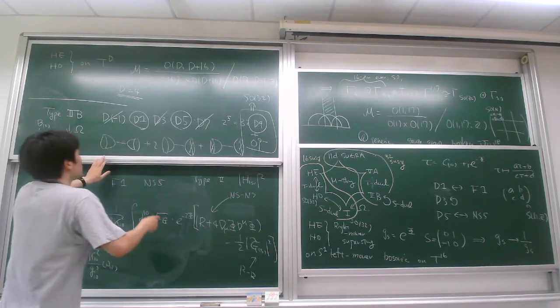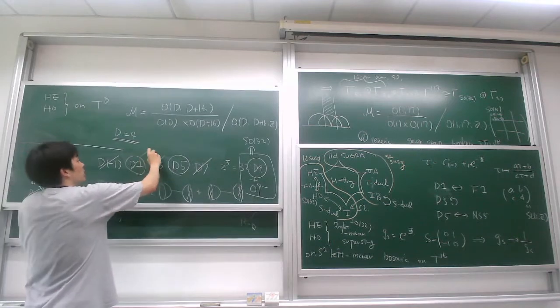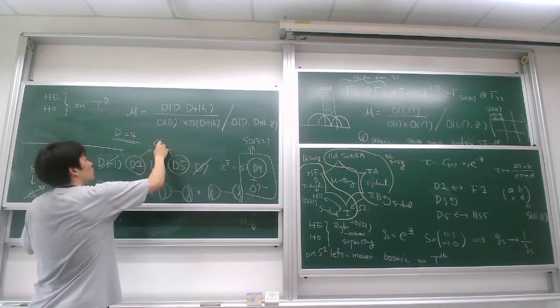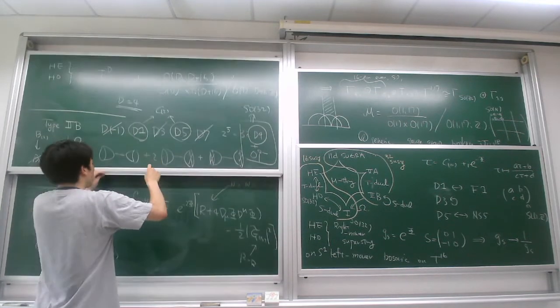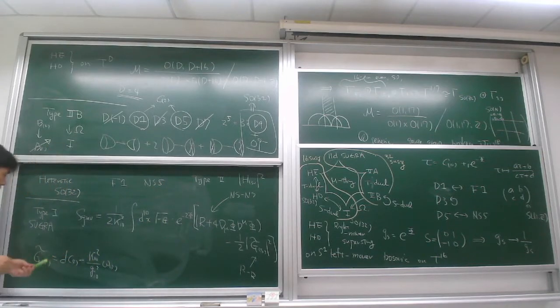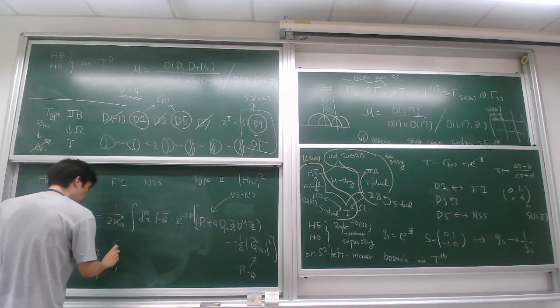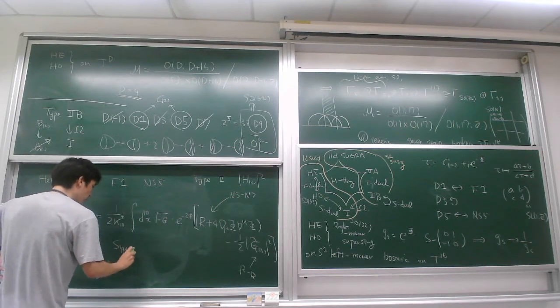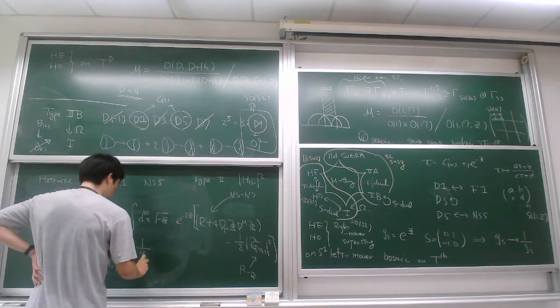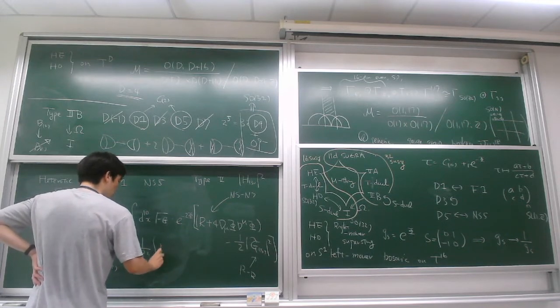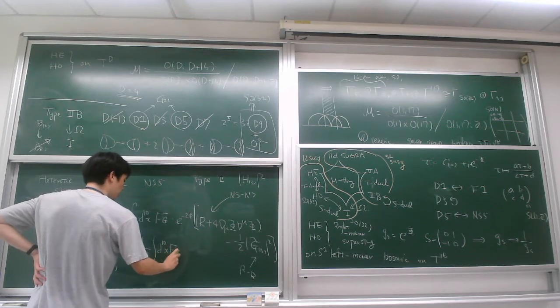And of course, the D1 and D5 are electrically and magnetically coupled to this Ramond 2-form, whose field strength is G3. Another difference is that there is also a super Yang-Mills action, 10-dimensional, with 1 over g10 squared, integral d^10x square root of minus g.